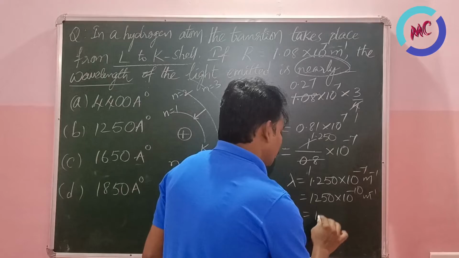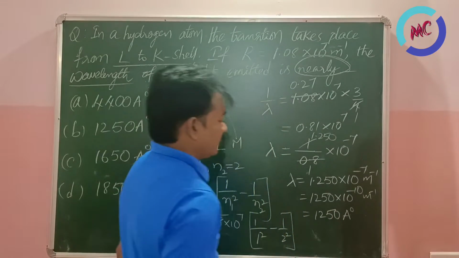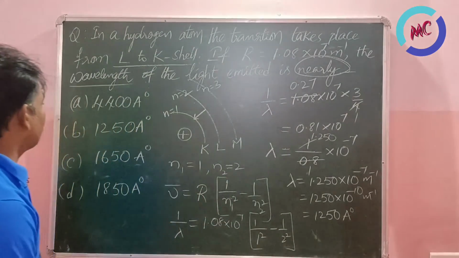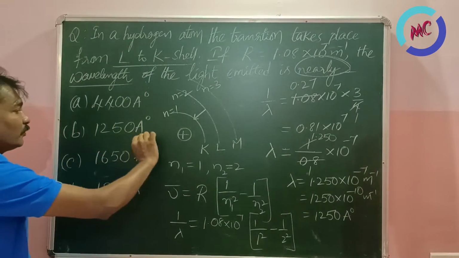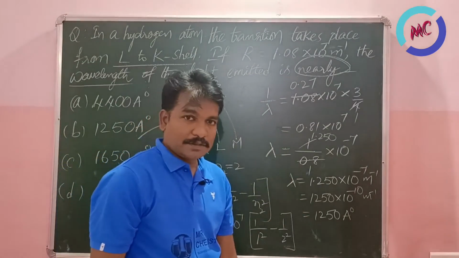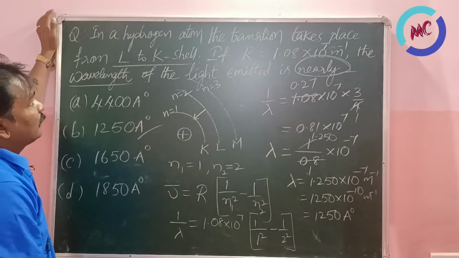Therefore it is equal to 1250 angstrom. We calculated in terms of angstrom. Let us check the values. Okay, second one is 1250 angstrom. Our answer is 1250 angstrom.